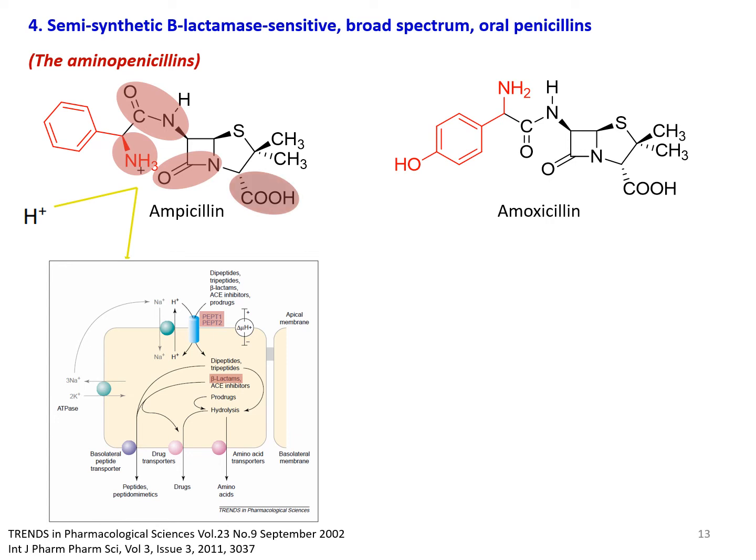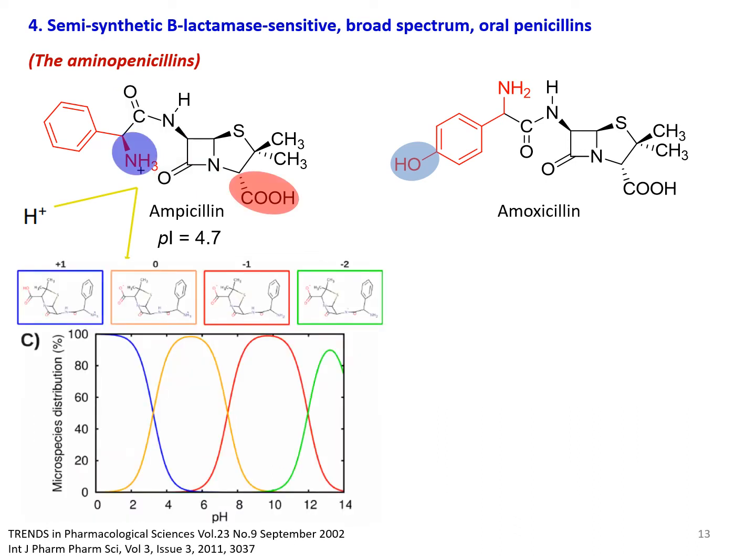In terms of the difference between ampicillin and amoxicillin, the latter has a phenolic hydroxyl. The reason behind such modification was to increase the isoelectric point value closer to that of physiological pH. The isoelectric point of ampicillin is 4.7. Ampicillin has two ionizable groups, the carboxylic acid on carbon 2 and the amino group on the side chain.